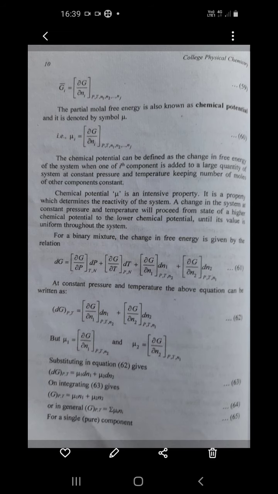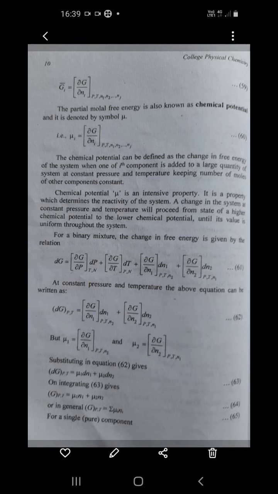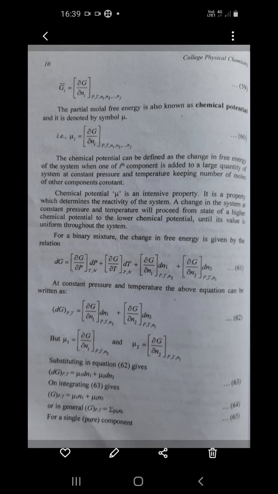If I keep pressure and temperature constant, and the number of moles of other water molecules also remains constant, then what is the effect of that 1 liter of water on the whole system? That change in free energy of the system is called the chemical potential.